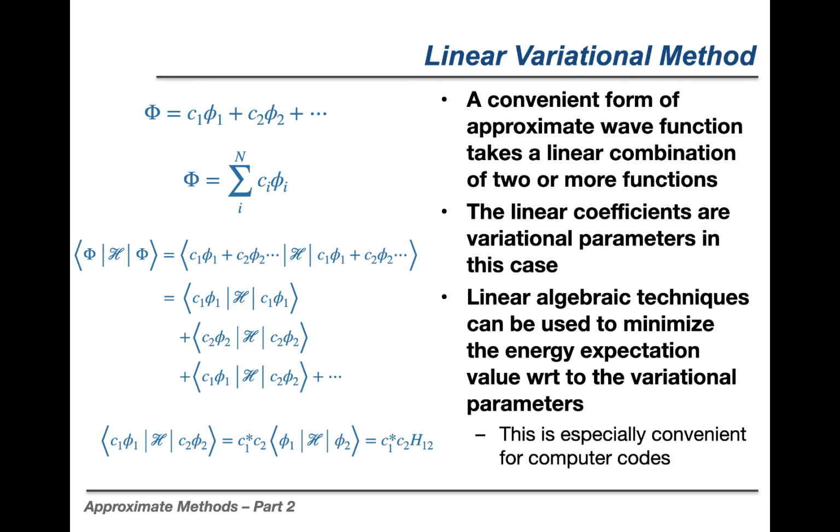Using this linear algebra approach is exceptionally convenient on computers. It's harder to do by hand, but as I said, this is probably one of the most widely used versions of the variational method in quantum chemistry, especially because we can code it up on computers conveniently.